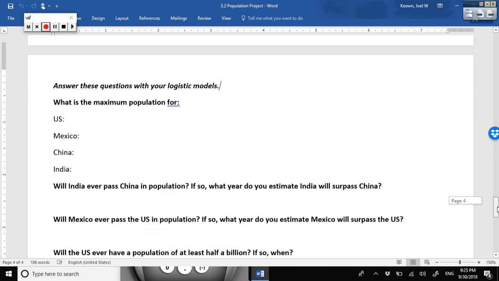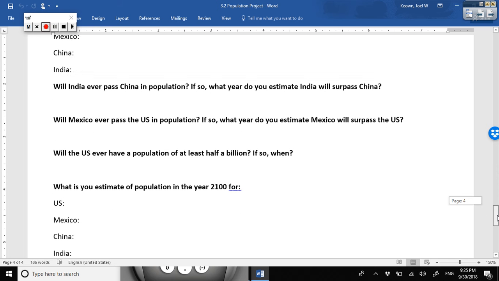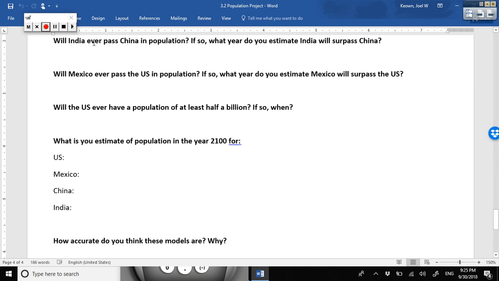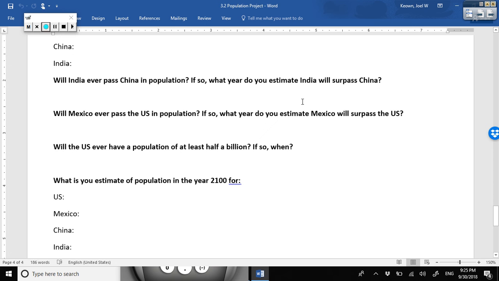And of course, you don't have a maximum population for exponential. And then using those models, and really what you just wrote down, will India ever pass China in population? And if so, what year do you estimate it will pass? And you can actually graph those two models and use those to figure out if it does in fact pass.